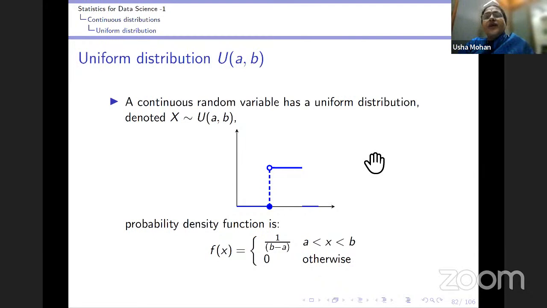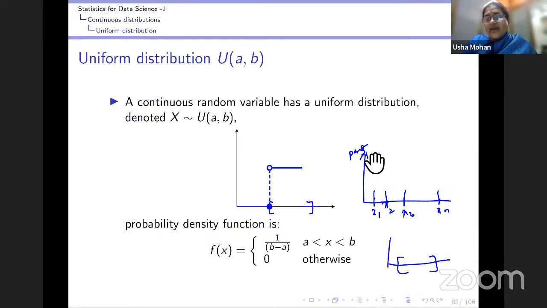Now in the discrete uniform case, I have this as my probability mass function. X was taking the value x1, x2, x3 up to xn, and each one of them had the same probability. Now in the continuous uniform space, I have an interval, and the chance of finding x in this interval is the same.